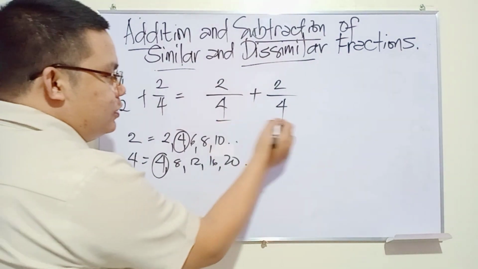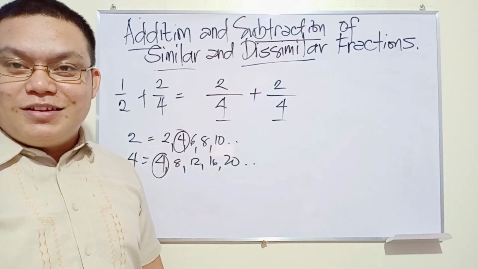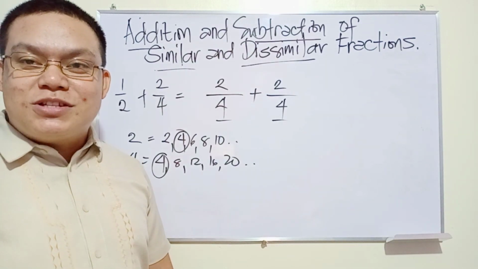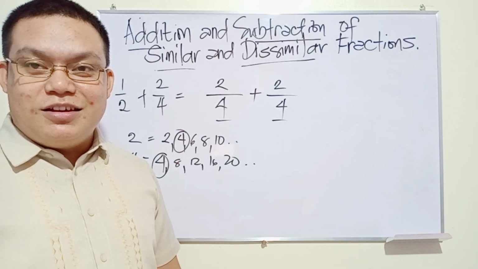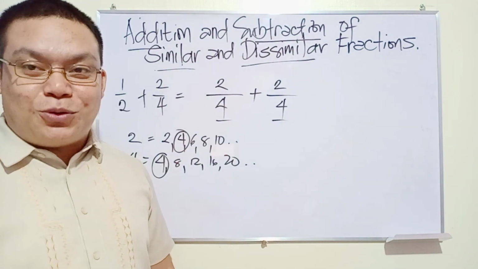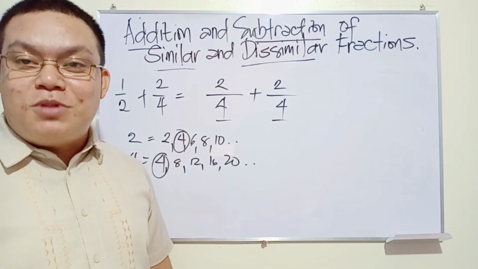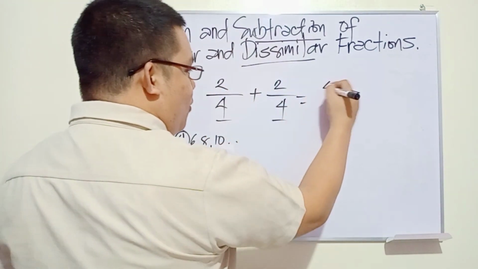Kung makikita ninyo, yung denominator ng bagong fractions ay pareho. Then, we're going back to the rules ng pag-add and pag-subtract ng fractions. Ano nga ba? We add or subtract the numerator, then we copy the common denominator. So 2 plus 2 is equal to 4.